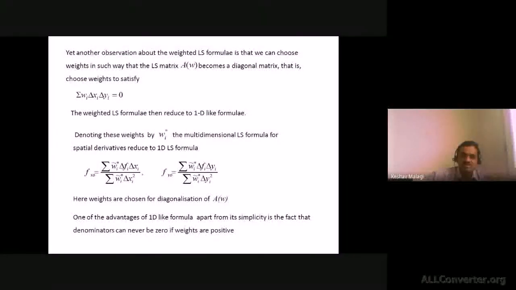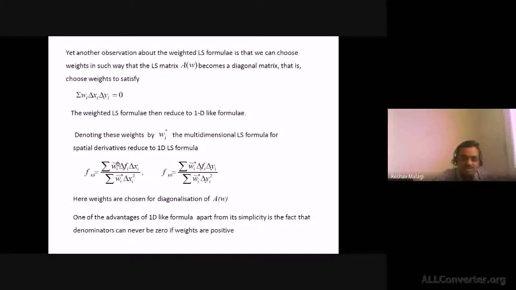Because that symmetric matrix is there in 2D, we can choose weights such that total diagonal dominance appears and fx and fy become decoupled. Once they become decoupled, they will become like 1D formulae. Even though delta fi here is defined in 2D, the formula will become like 1D. So you can choose weights like that.